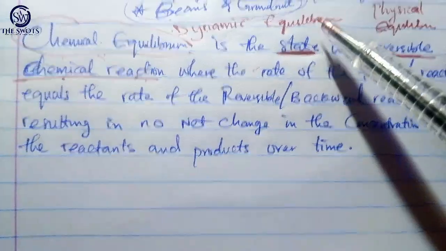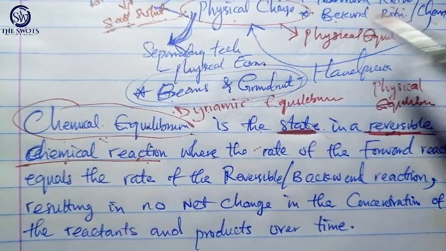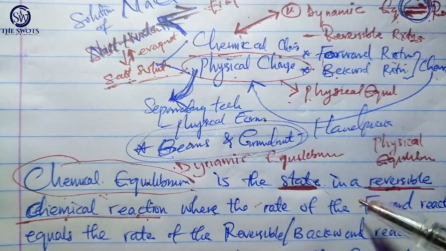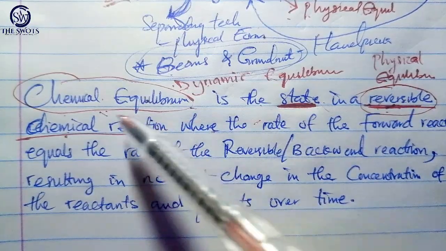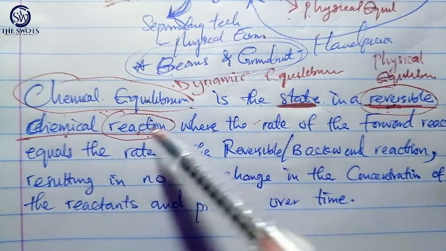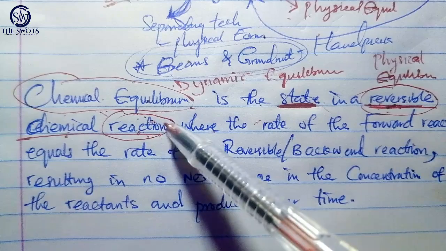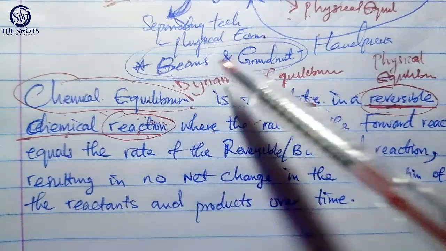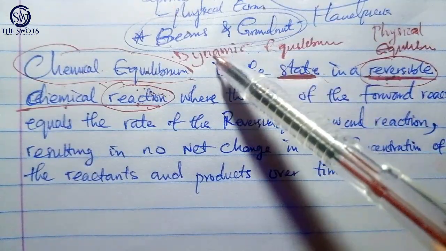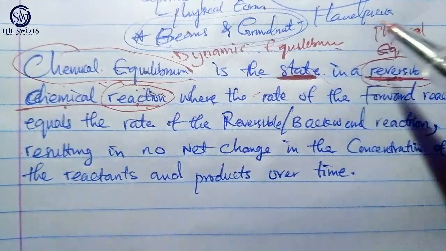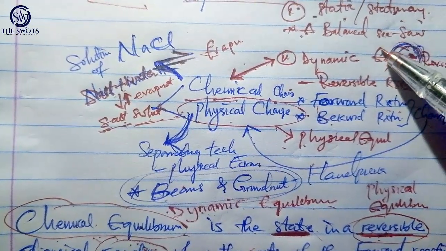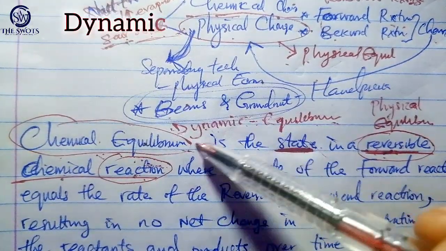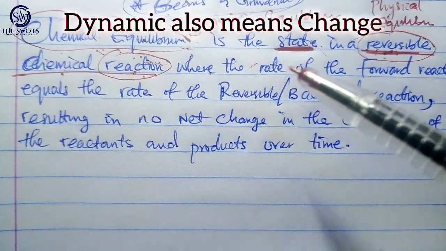And all these equilibria, physical and chemical, have what we call reversible reactions. So they are what we call dynamic equilibrium. As long as they can move forward and they can move backward, we call them dynamic. Dynamic means movement. Do you understand now?